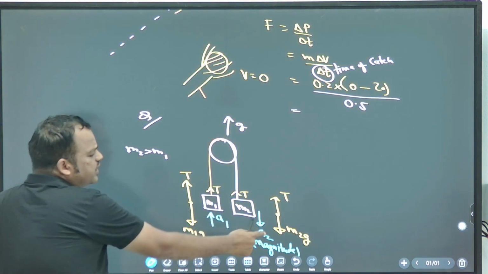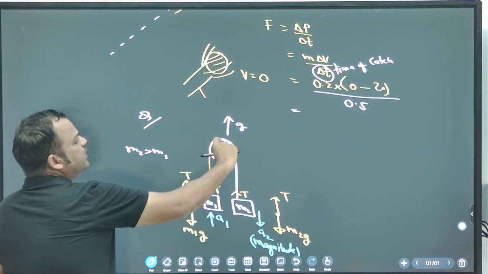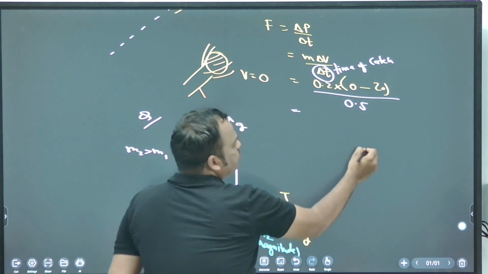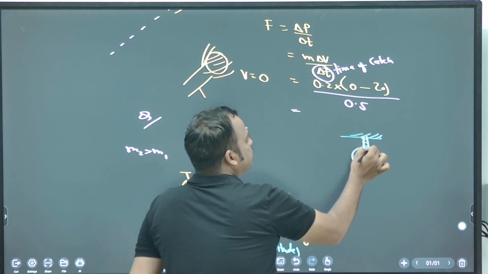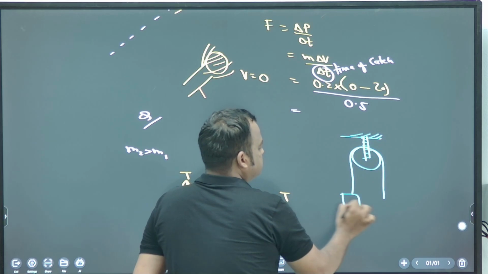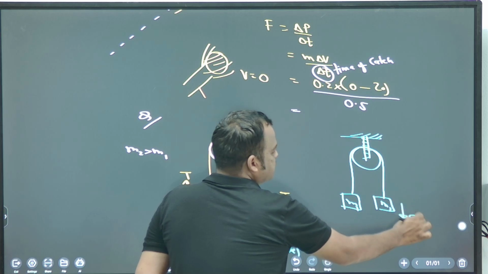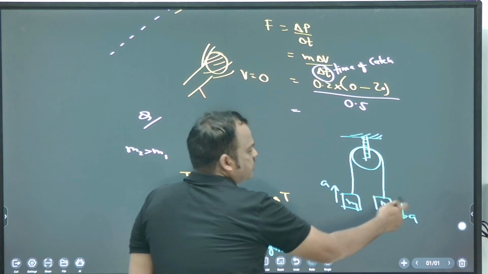Okay, I am assuming magnitudes. Why am I assuming different accelerations? Because this pulley is also accelerating, pulley is also going up. Suppose the pulley is fixed, and this is acceleration a downward, so this is acceleration a upward, and this you know by the direct formula.